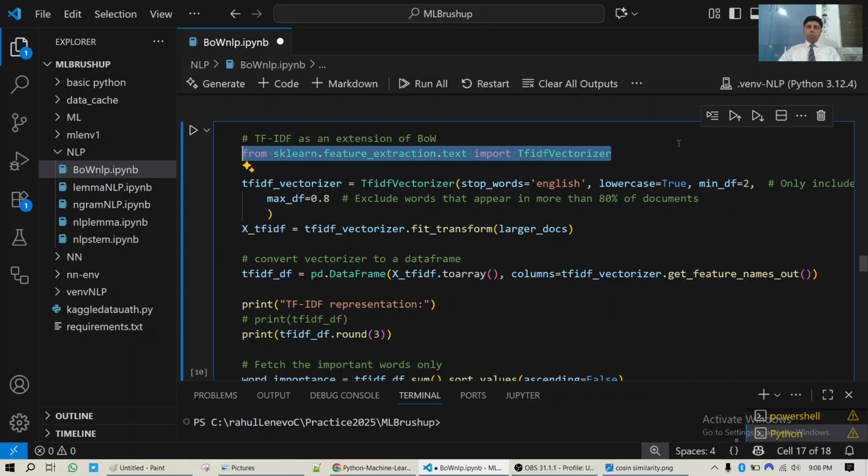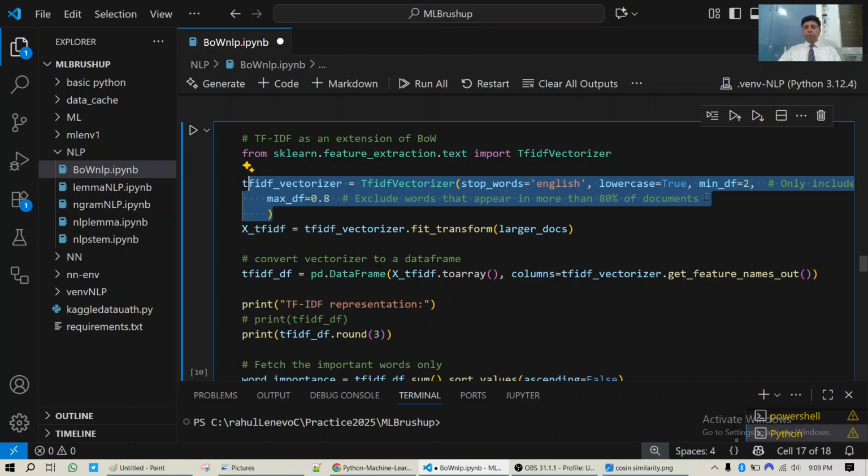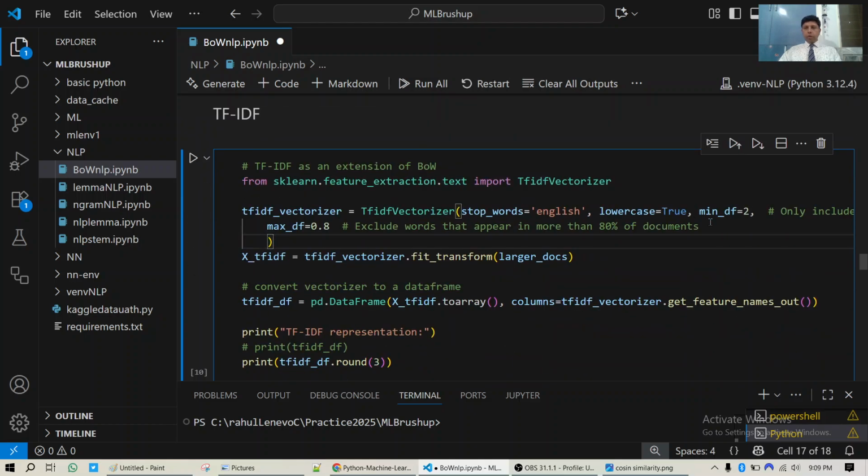As we know, bag of words is nothing but the concept of feature extraction. We are extracting some features from that, and we are going to use this library. Basically, what the TF-IDF vectorizer does is create a vector from the words of these documents.